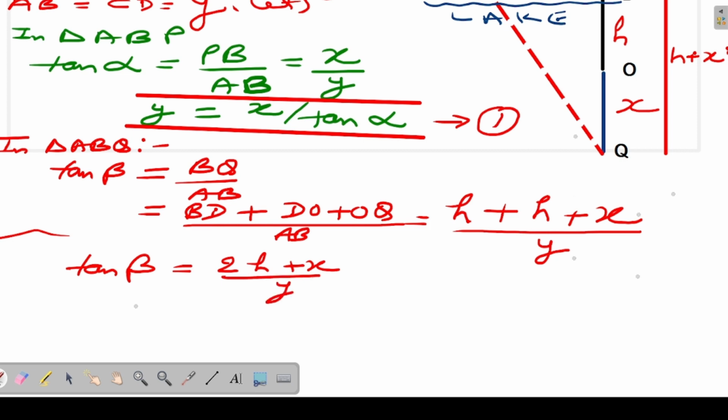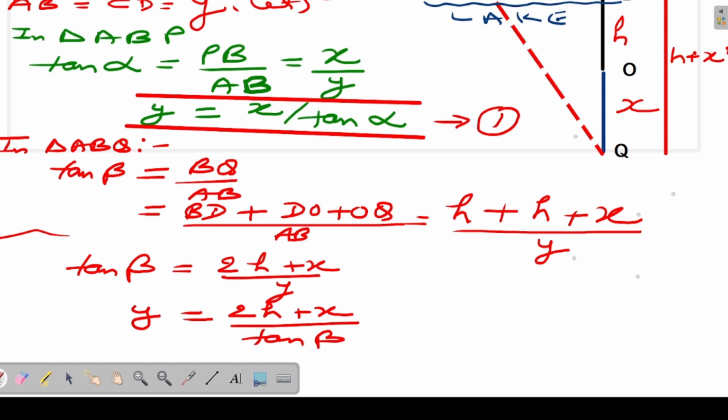From here, we bring the value of y, just pushing y from the denominator of the RHS to the LHS, then tan beta will come from the numerator of the LHS to the denominator of the RHS. So y equals 2 times h plus x by tan beta, right?